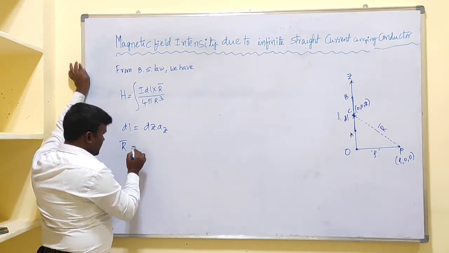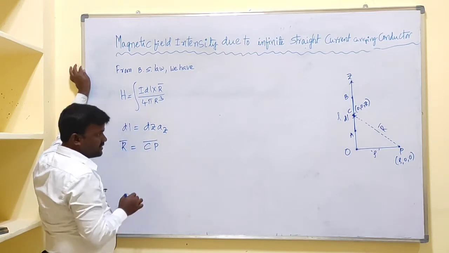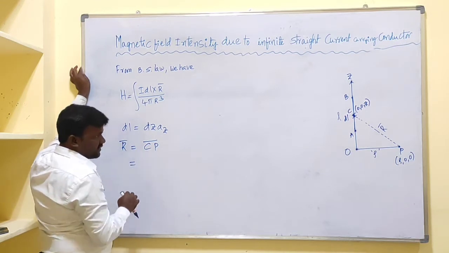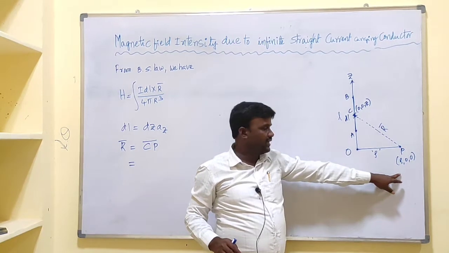And what about r bar? R bar is the distance vector, where C is the starting point and P is the terminating point. Distance vector can be obtained by subtracting the starting point from the terminating point.